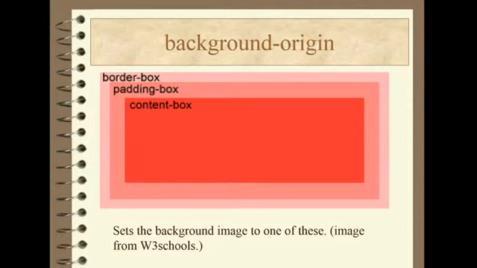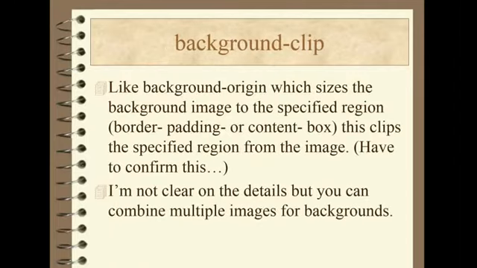Honestly, I don't quite remember what this is. It has something to do with the background origin. You can see we have the border box, the padding box, and the content box. This doesn't really seem much different than the box model we've already seen. So I don't really remember why I have this in here.